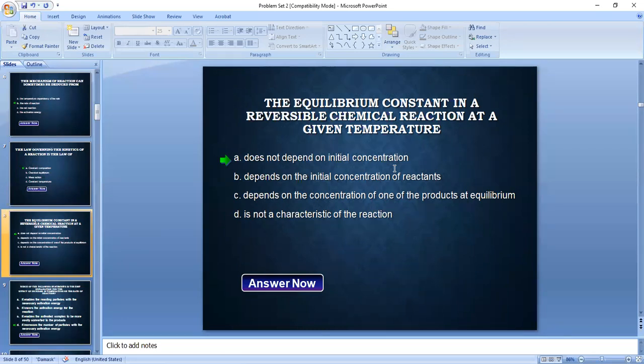So it depends on the final concentration. There's some error there. The equilibrium constant depends on what? Based on what we have discussed last meeting.